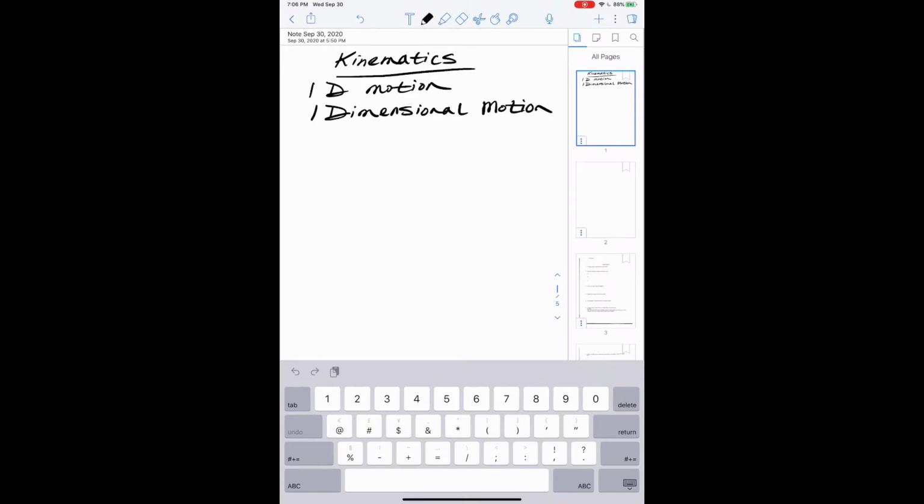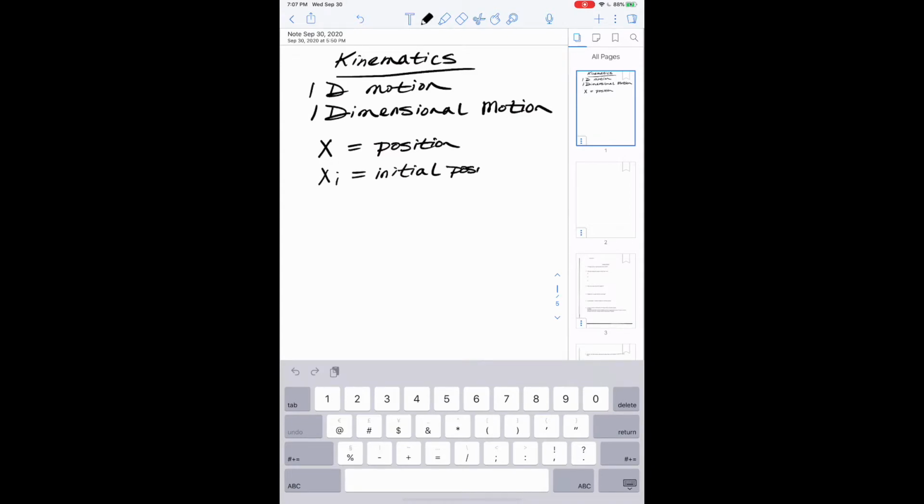So the other day in lab, we started with position, and we said that we had the variable x being our variable for position. And we also talked about the fact that it could be xi for initial position.